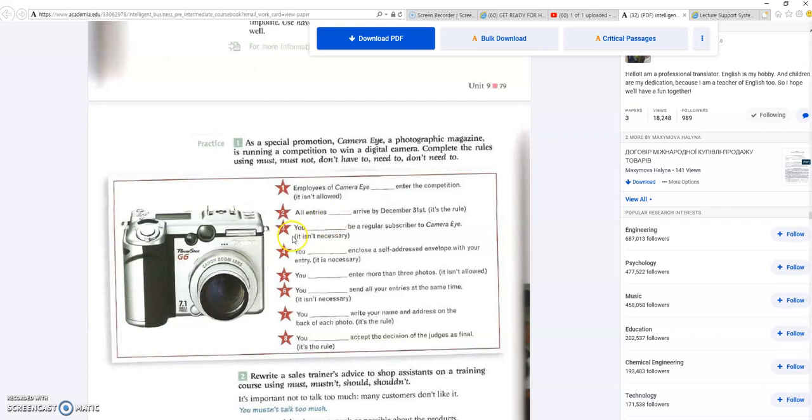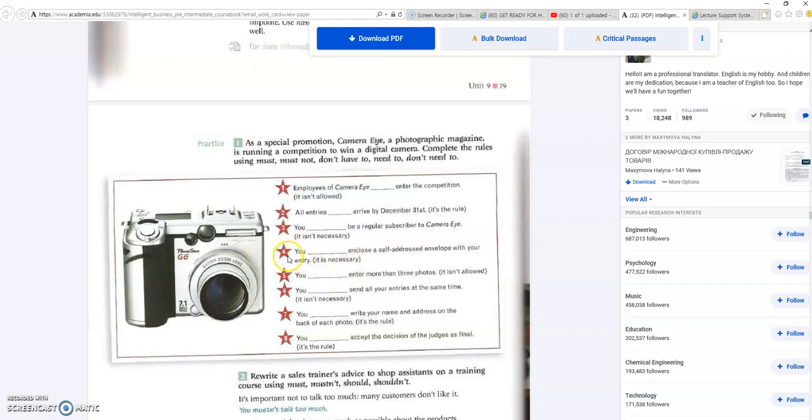So number 3, you blank, be a regular subscriber to Camera Eye. It isn't necessary. Okay, so there we go. Don't need to be a regular subscriber to Camera Eye. So it isn't necessary. So I think number 2 then tells us that it's must not. You must not arrive by December 31st. But again, to me, it could go either way.